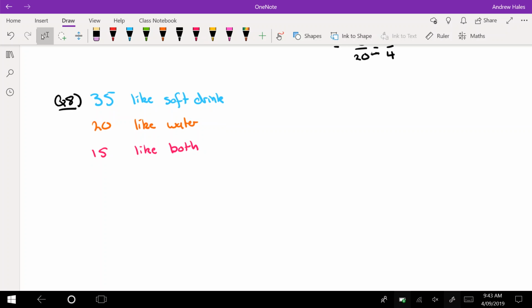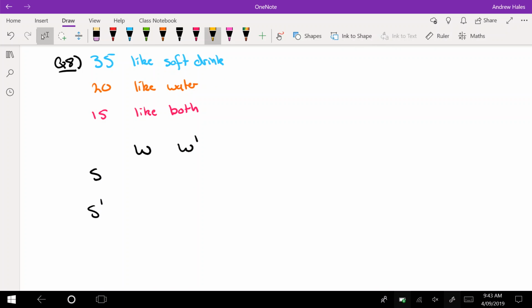Display this information in a two-way table. So let's just do water, water complement, soft drink, soft drink complement. We've been told the total at the start, and we know the total is 40. So let's have 40 there. How many like them both? 15. So 15 is going to be here.